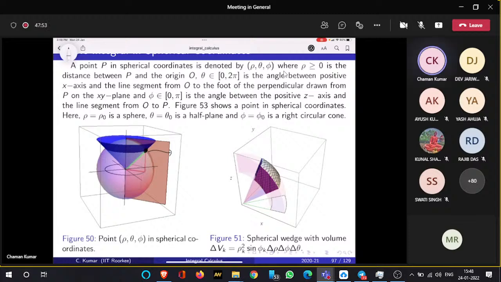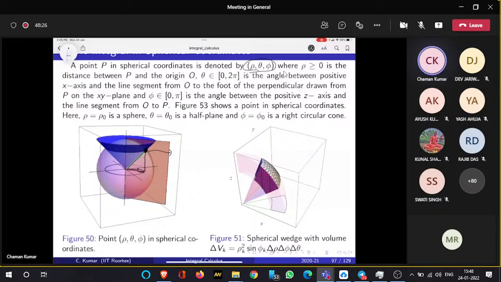So you can say that this point makes an angle phi with the z axis, and you project this point in the xy plane. Draw this red line here. This will make a certain angle theta with the x-axis, and the radius is r. Okay, so you have 3 parameters. Here we are denoting the radius by rho. So rho, theta, and phi.